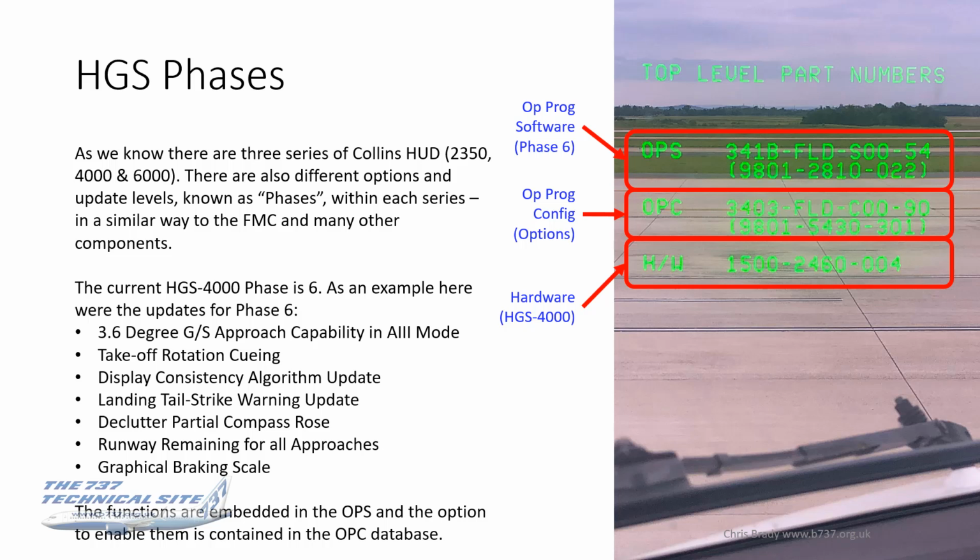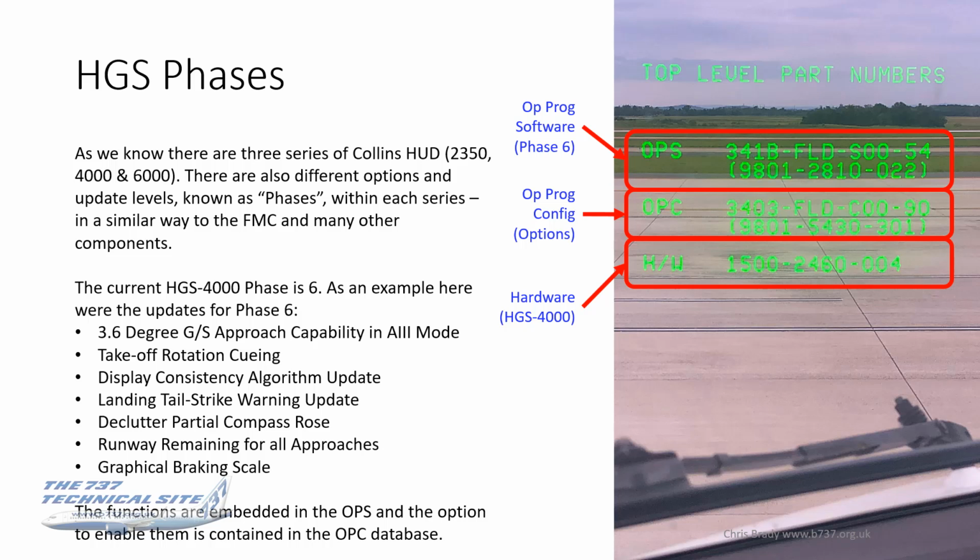Runway remaining available for all approaches, and a graphical braking scale. So they're gradually introducing more and more features and functionality into the HUD, which of course you've got to be careful that you don't make too busy. But these are all useful safety features.